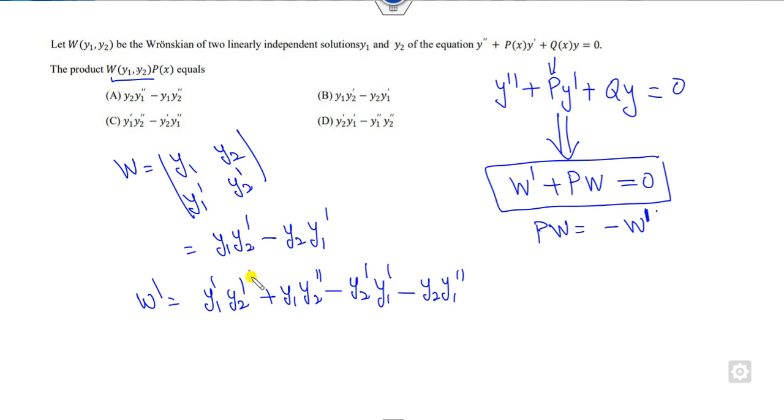So is there any term that cancels? This will be cancelled, so y1 dash y2 dash cancels out. So we have y1 y2 double dash minus y2 y1 double dash. Because of this negative sign, we can adjust. The answer is my A, that is the right answer.